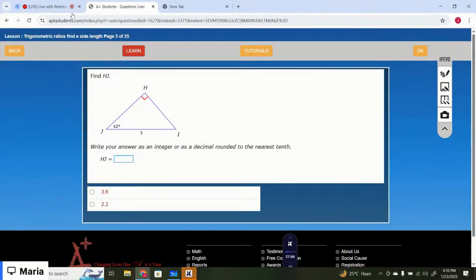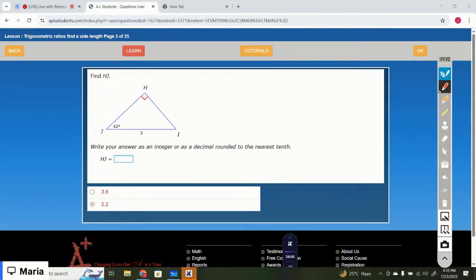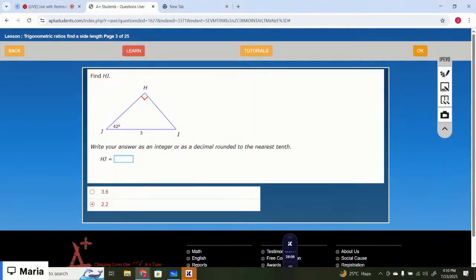Oh yes, that's option number 2. So 3 cos 42 equals 2.2. Option number 2 is the correct option. Got it?